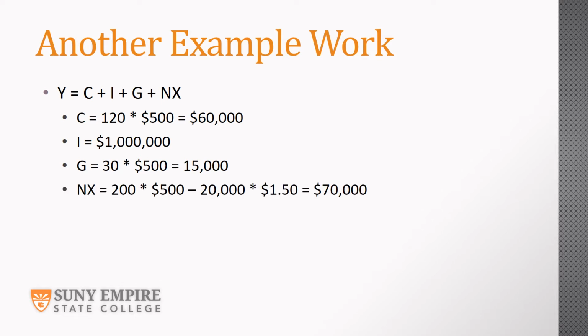To find the net exports, we have to factor both the exports sold to Farmerland and the potatoes imported into Delandia. The exports were 200 computers at $500 per computer. The imports were 20,000 bushels of potatoes at $2.50 per bushel.